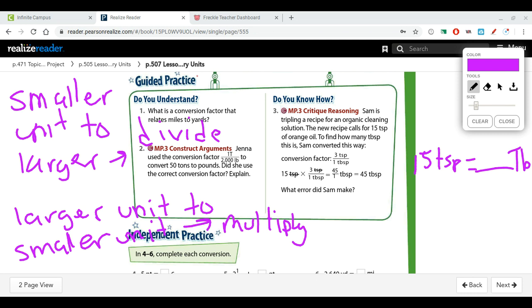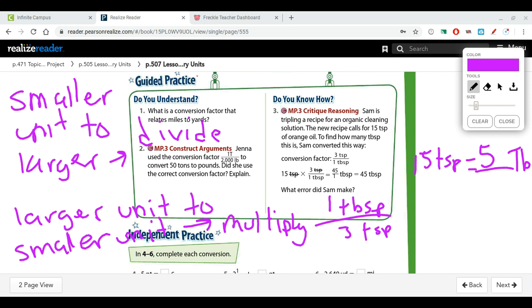So the error that he made is he used the wrong conversion factor. He should have used 1 tablespoon is equal to 3 teaspoons. That's what he should have used, okay? And when he did that, I end up with 5 tablespoons because I'm dividing 15 by 3. So 15 divided by 3, I get 5 tablespoons.